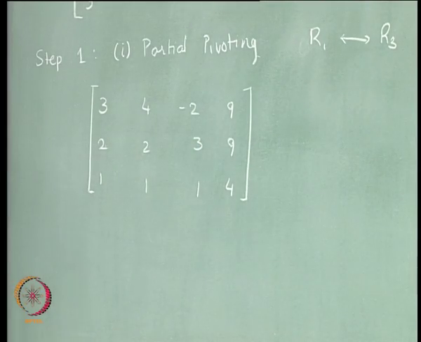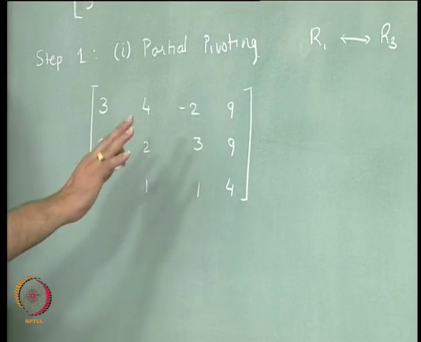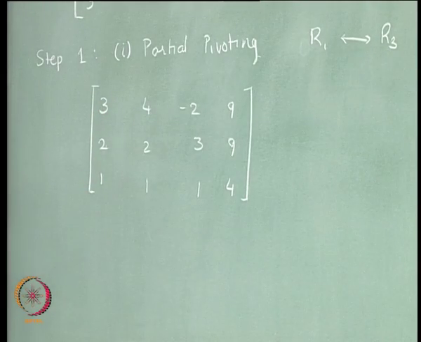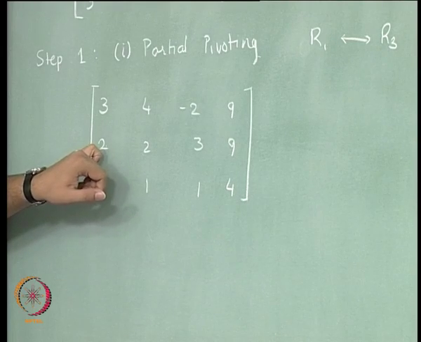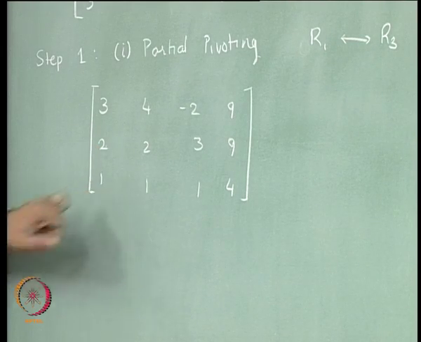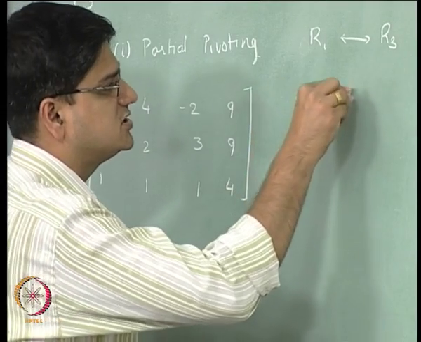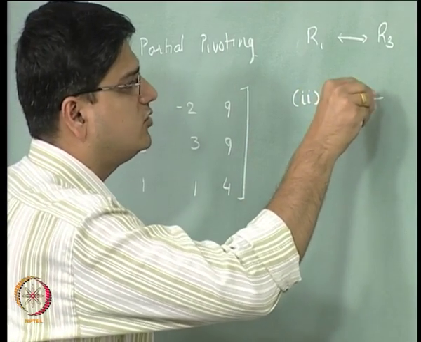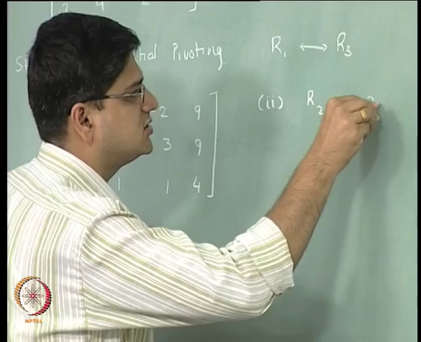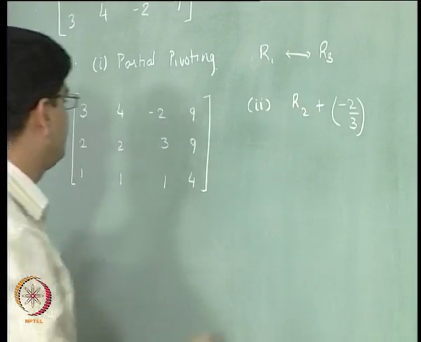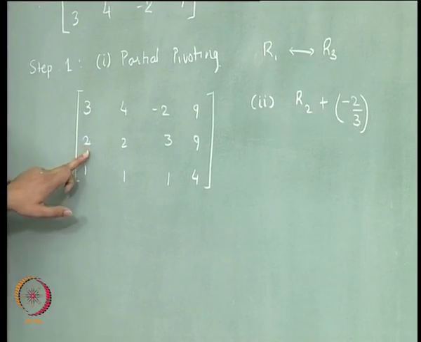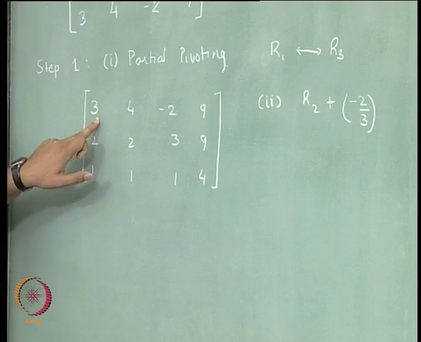Okay. After getting this particular matrix, with the interchanged row 1 we will now eliminate this element and this element, which basically means the second set of operations we will do is R2 plus minus 2 divided by 3, because this divided by this is the alpha value.